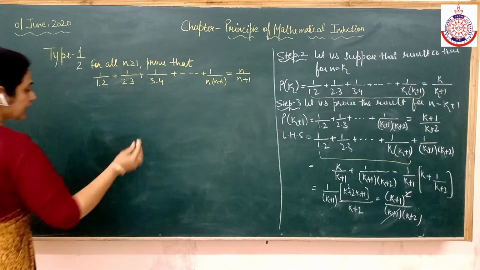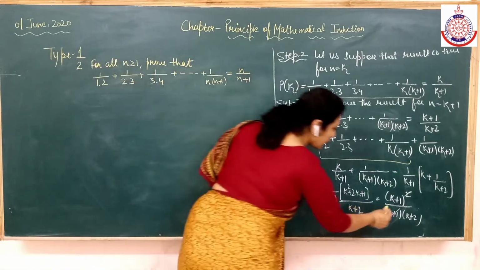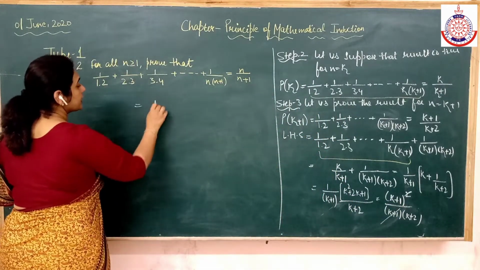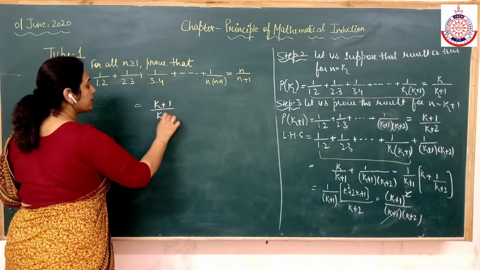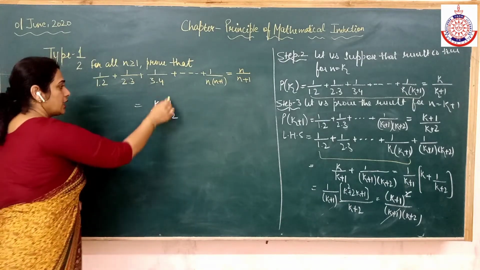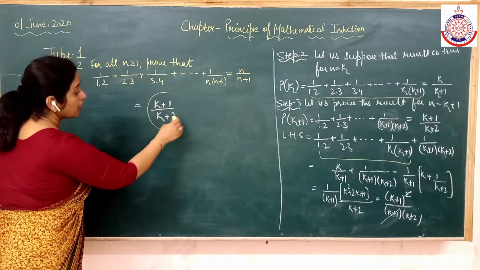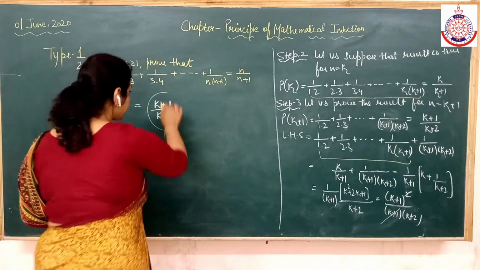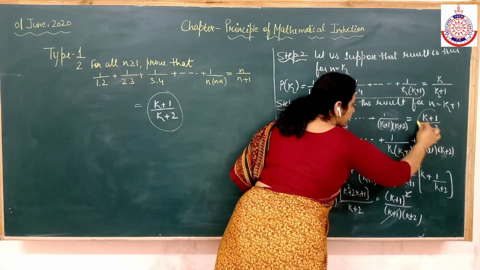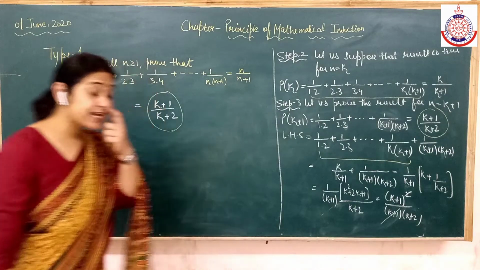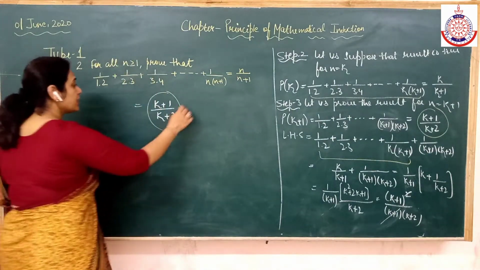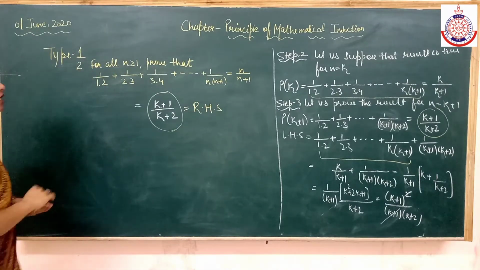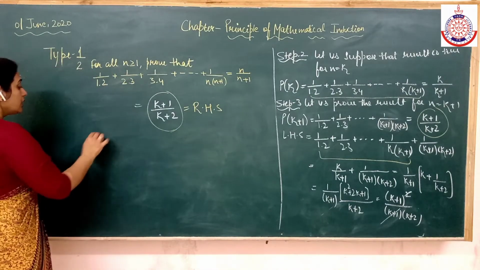Now what have I got? I got k plus 1 upon k plus 2. That's my right hand side, what I had to prove. Is it clear? Which is equal to right hand side. So what results have we got?